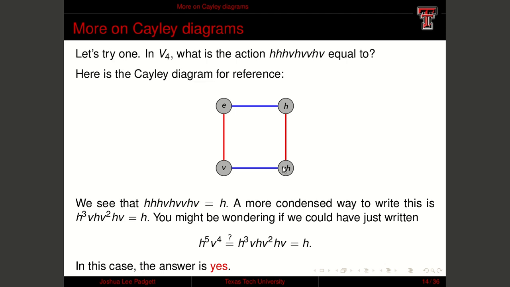Remember, we talked about this, that VH equals HV, and that is why we can do this shorthand notation. However, this is not always true, so you must be very careful. I would suggest never really writing it shorter than you need to unless, let's say, explicitly asked or you're very sure. Because in general, these two representations would be very different depending on your group. All right?